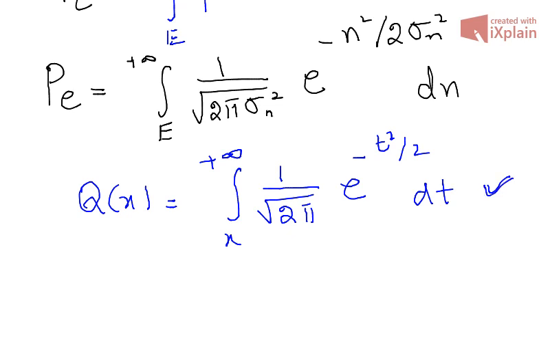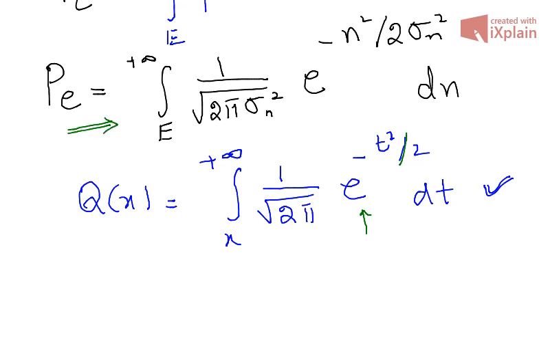Now if you observe this exponential term, here we have the square of the variable over 2, right? So we have to convert our expression, which is this expression for P of e.